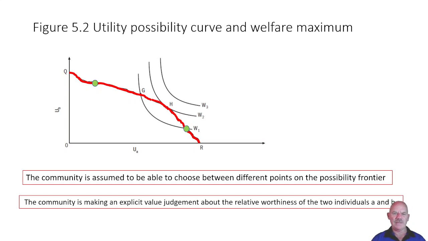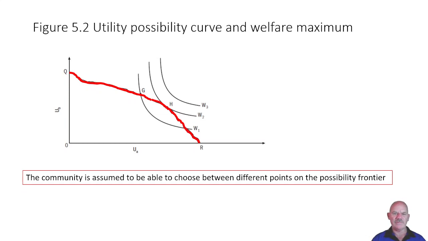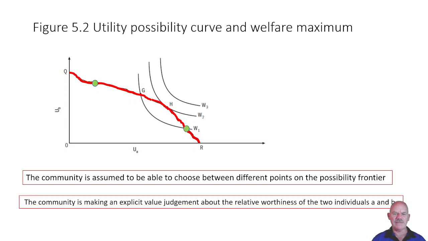Moving from the one green point to another, moving from the top left to the bottom right, means the society considers A more worthy than B, because they think it's okay to take stuff away from B and give it to A, and in this process move to higher welfare levels.